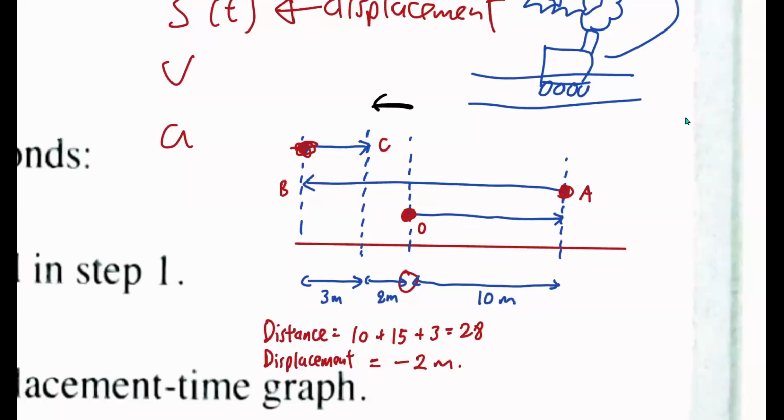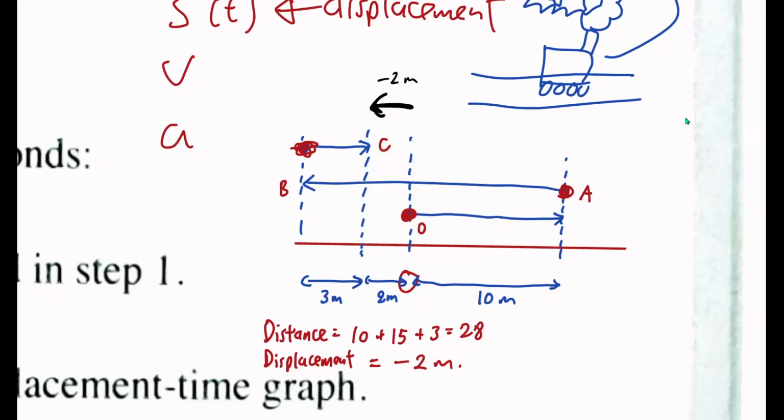You take the original position and the final position, and you measure the horizontal distance between them. Here is the original, there's the final destination. You check the shortest distance between them, which happens to be 2 meters, but it's towards the left, so you have to say -2 meters. Does it make sense so far?